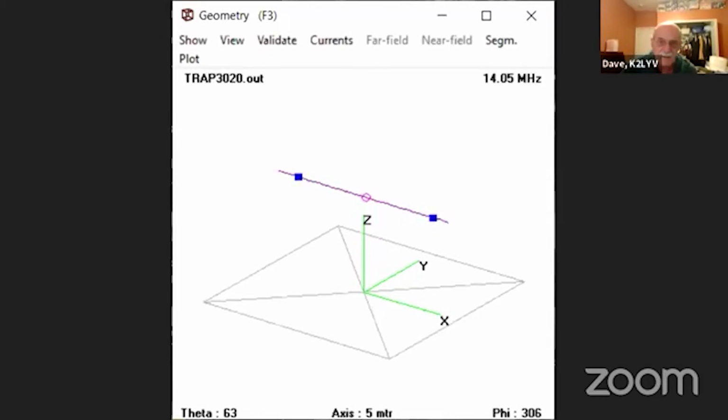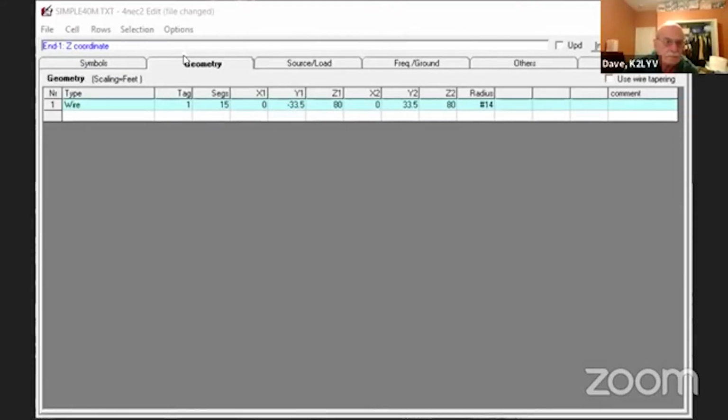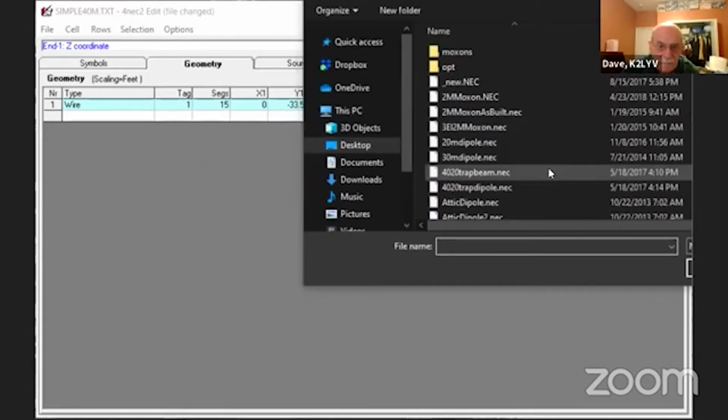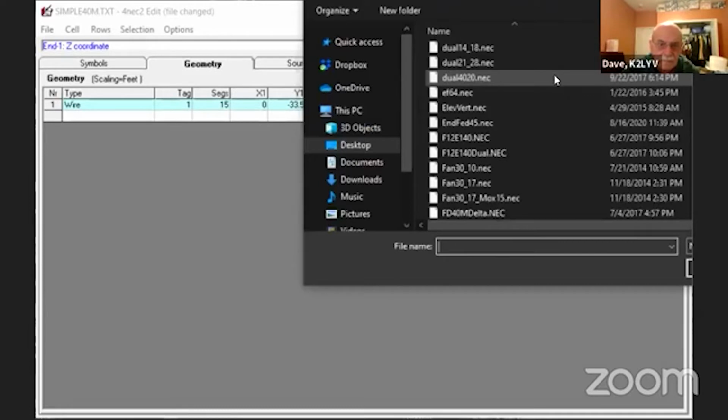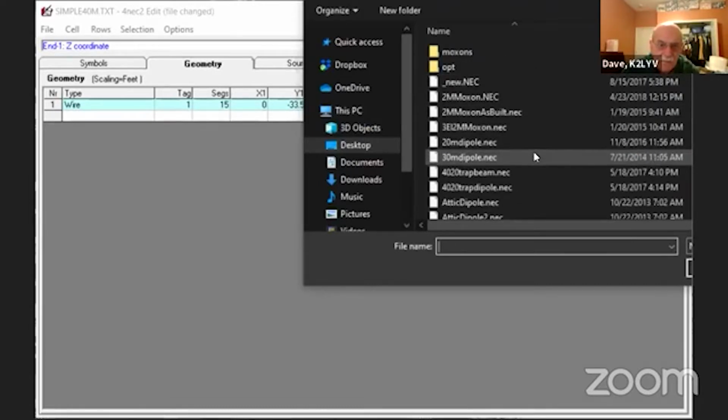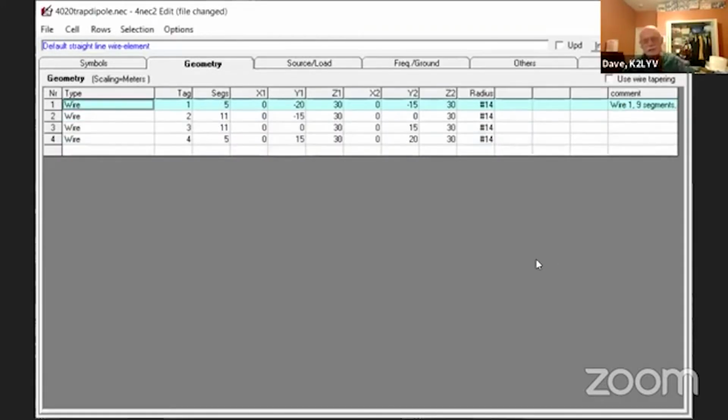Okay, this is going to be a little awkward, but okay, so this is a more complicated layout.